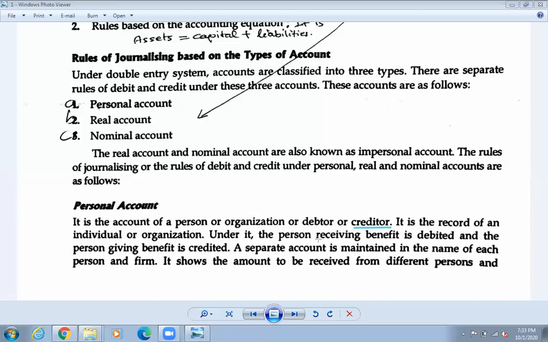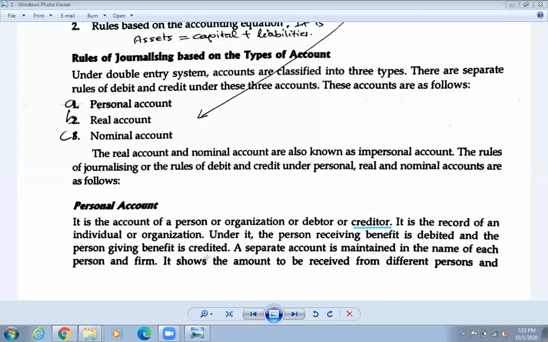So the person receiving the benefit is the debtor, and the person giving the benefit is the creditor. Those who are giving something are the creditor.